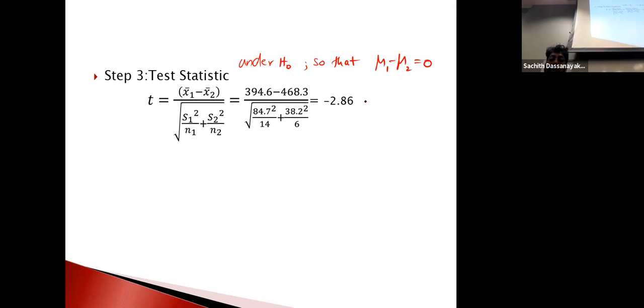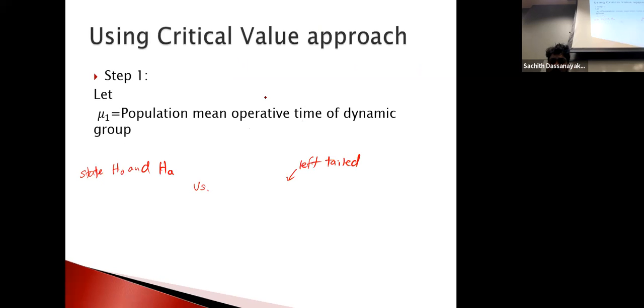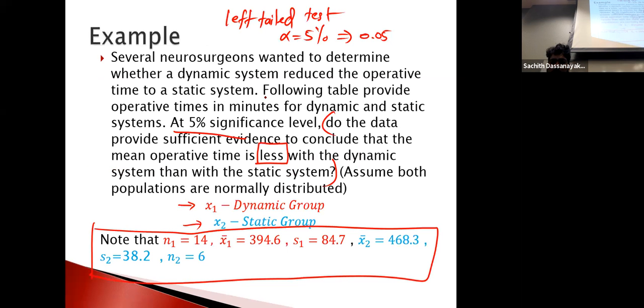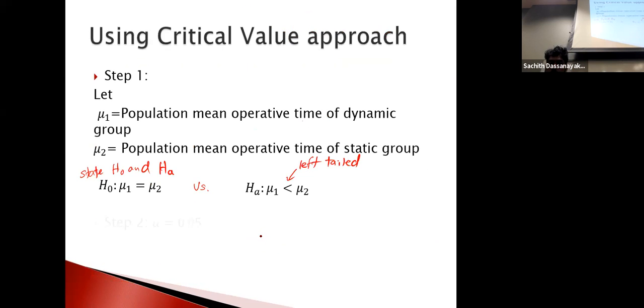Calculate this, then you can get your t cal value, or let's say t test statistic value. I believe these values are correct, let me check again. X1 is 300 something, X2 is 400 something. Yes, values are correct.